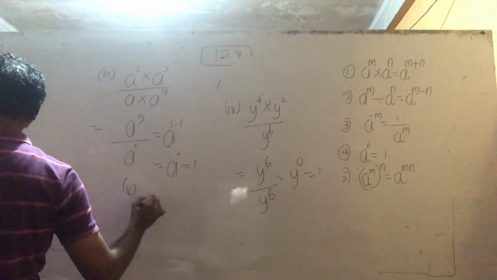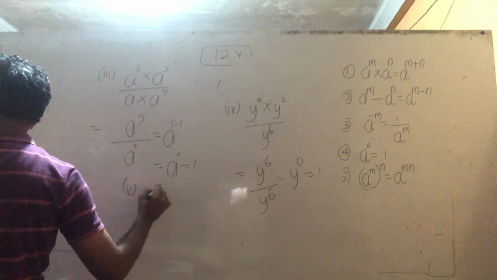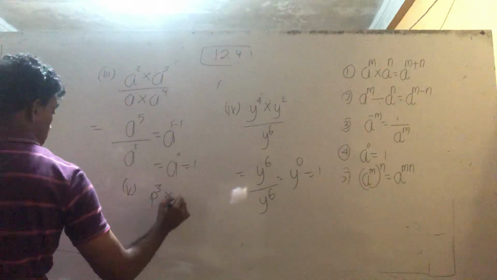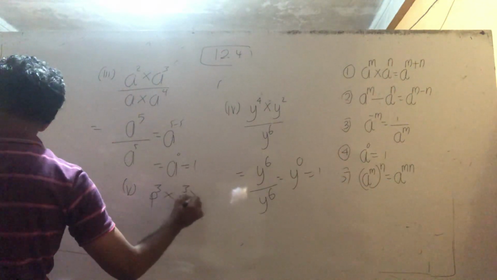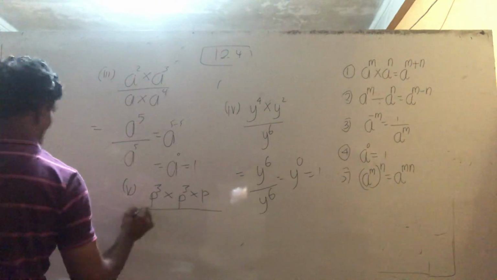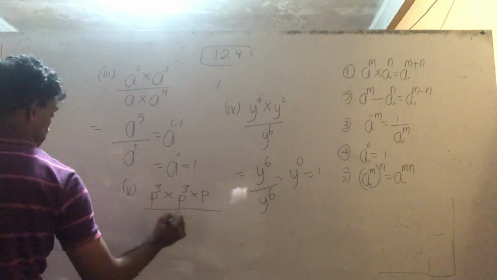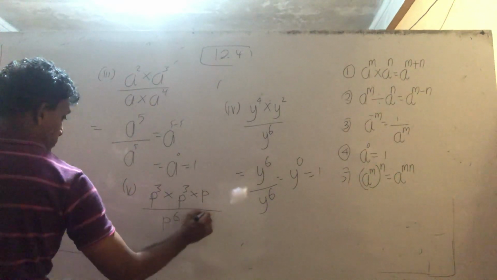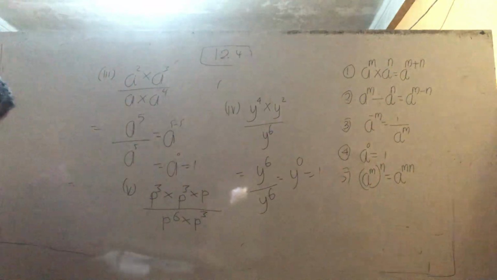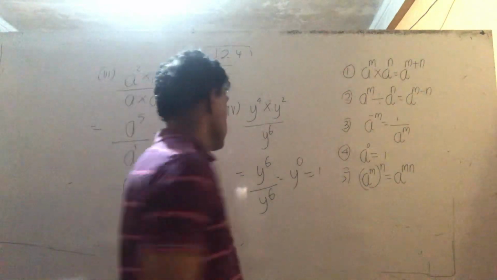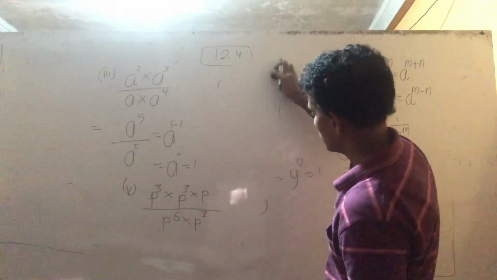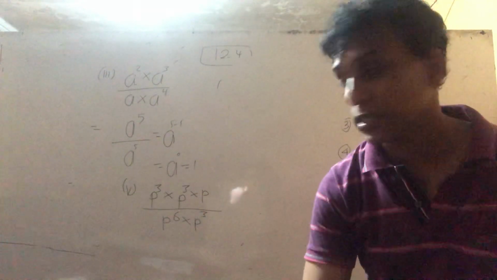Fifth one, PQ multiply PQ multiply P over P power 6 into P to the power 3. So what?